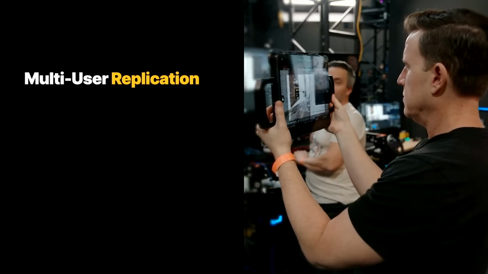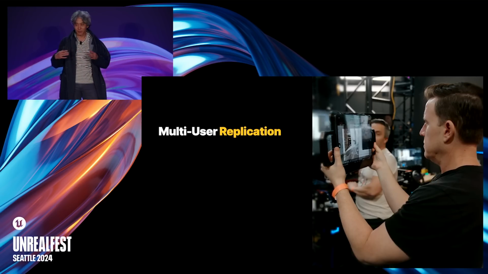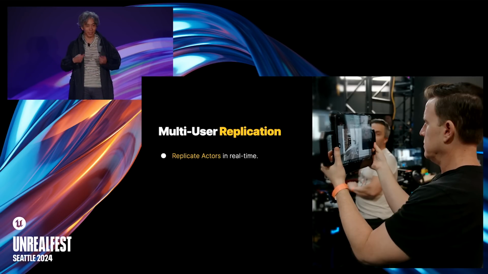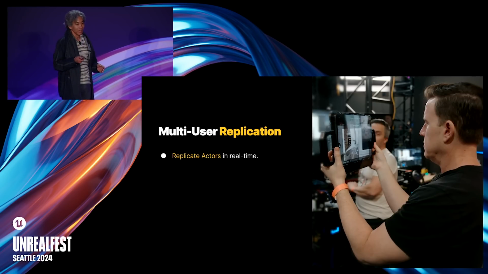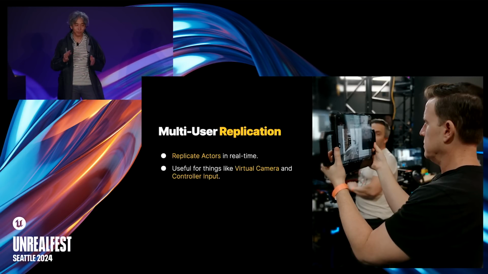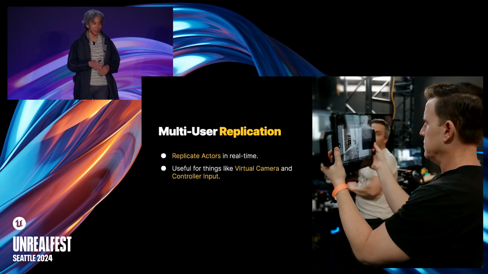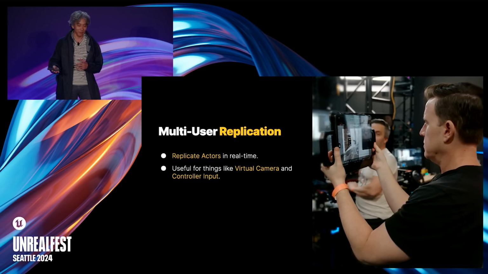Because it's one actor, maybe multiple people are touching it, and it would be cumbersome to edit them at the same time. So with multi-user, you can replicate actors in real time. You can just pick an actor, pick some properties, and it's going to be replicated live. It's not based on the transaction system, which you can still use for regular changes that you don't need to be immediate. And it's useful for things like virtual camera and controller input.